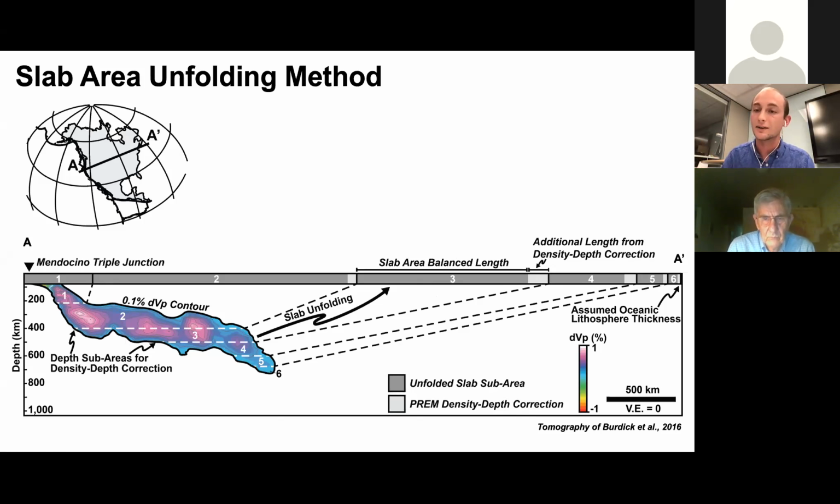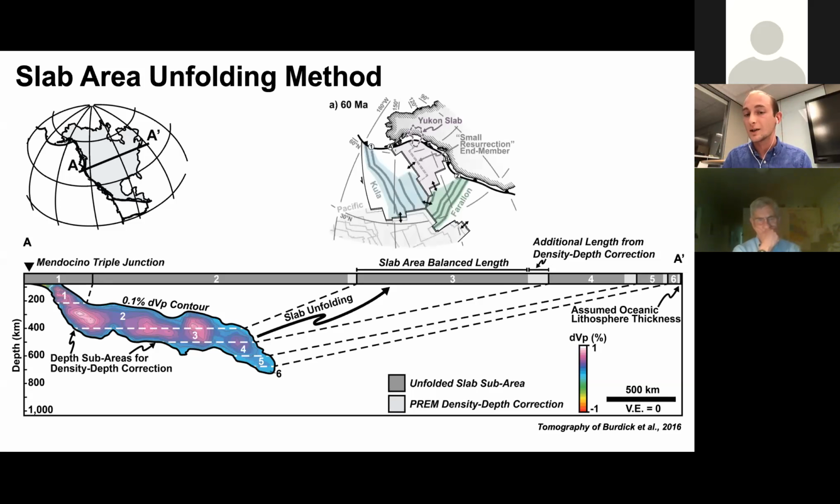at a given transect. So I'm showing an example of this methodology for one transect, but then we can repeat this process for many transects along strike, up and down the margin. An example of what that would look like is that each of these dark lines here that I'm outlining with the mouse would represent one unfolded slab length from one transect.